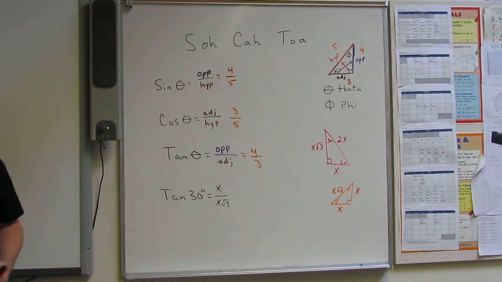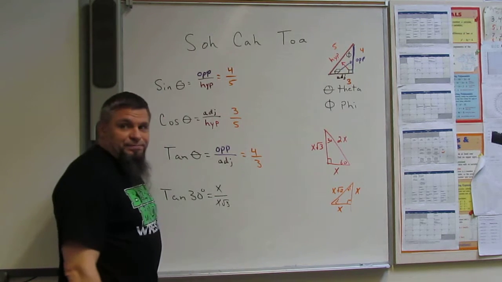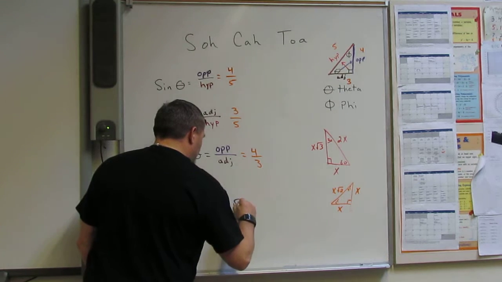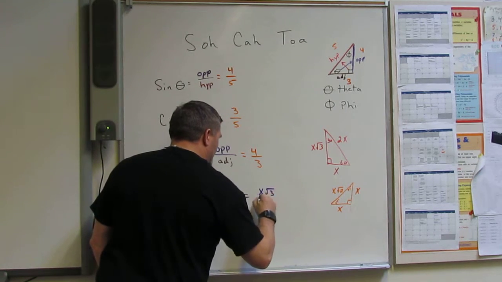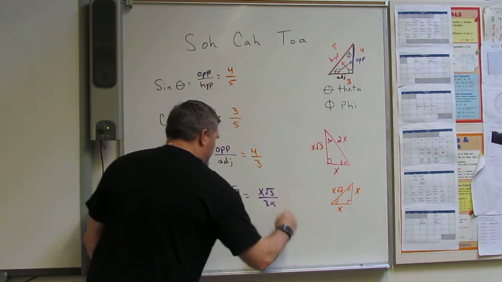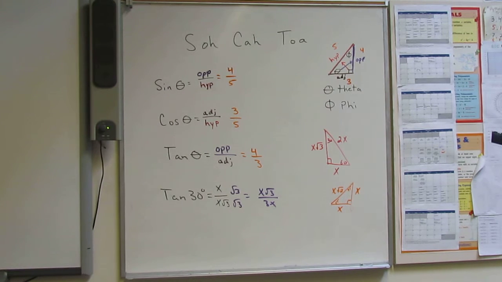And this is the hard one, because can you have a square root in the bottom? So it's square root 3 over square root 3, so it's x square root 3 over 3x. And so forth. You can find any of them.